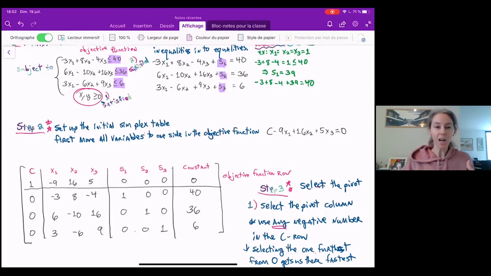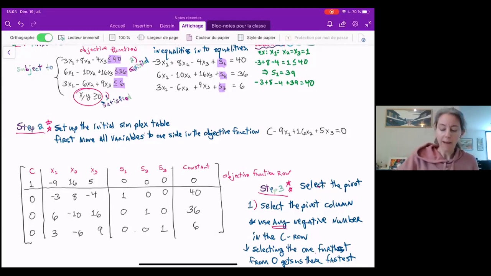So my second equation, there is no c, so there's just a 0 there. Then I have -3, 8, -4. I have s1, so there's a 1 there. Then 0, 0, 40. So I've also separated my original variables, my x's, from my slack variables, my s's. Again, this is just to make it easier to keep track of the information in the matrix as we're applying row operations and trying to cycle through those corner points.